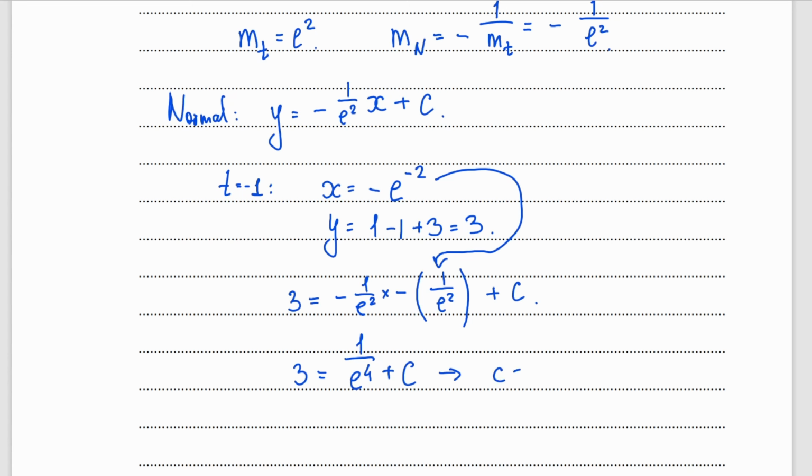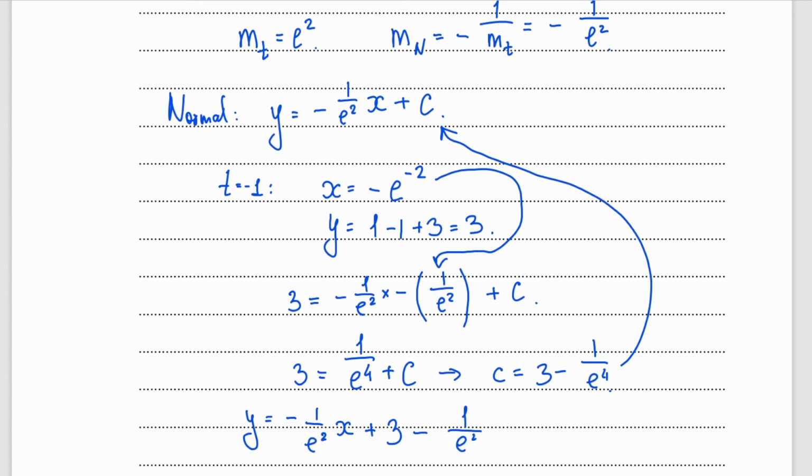So therefore, c is 3 minus 1 over e to the power of 4. Now back into the equation of the normal, to get y equals minus 1 over e squared x plus 3 minus 1 over e to the power of 4.